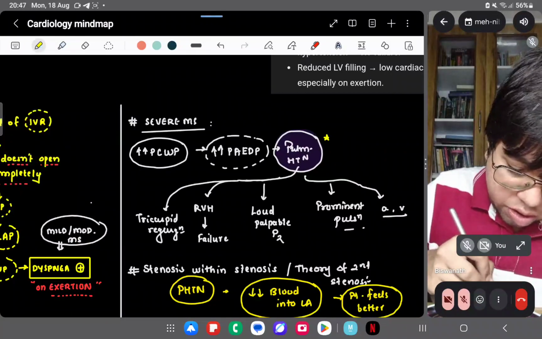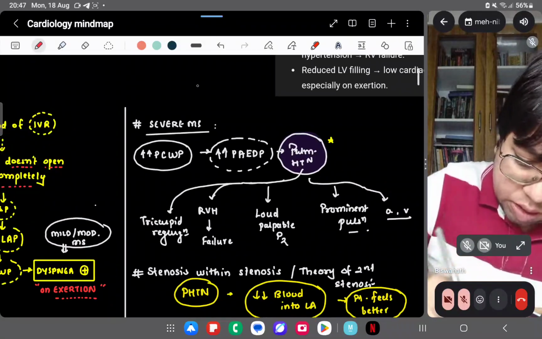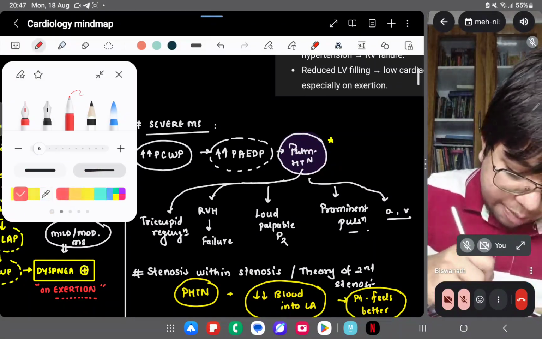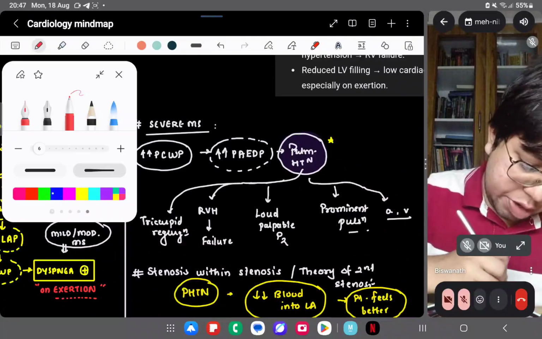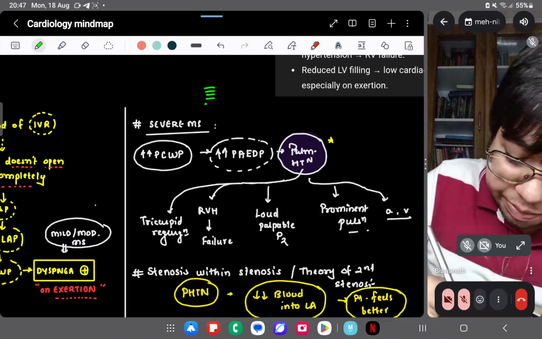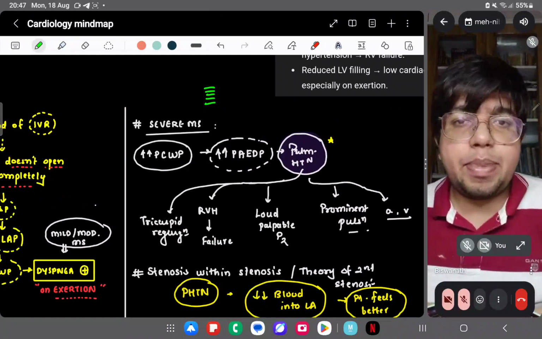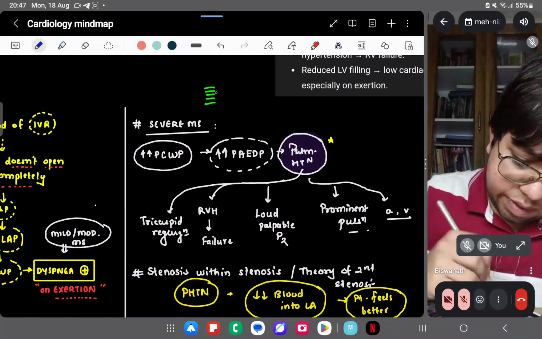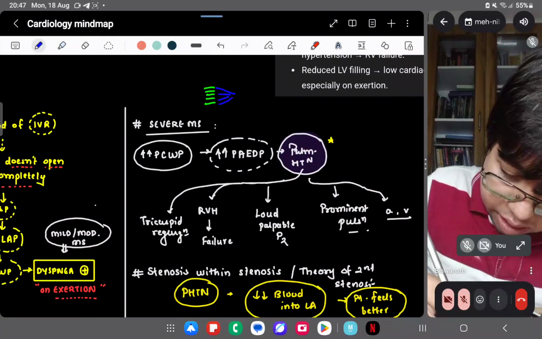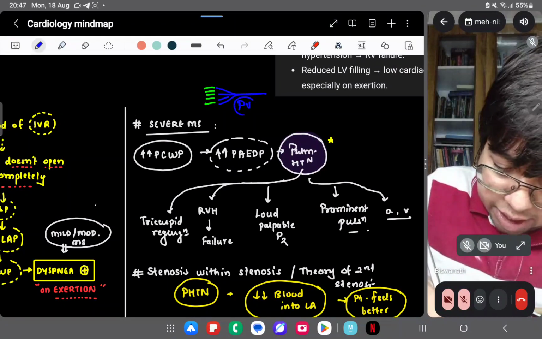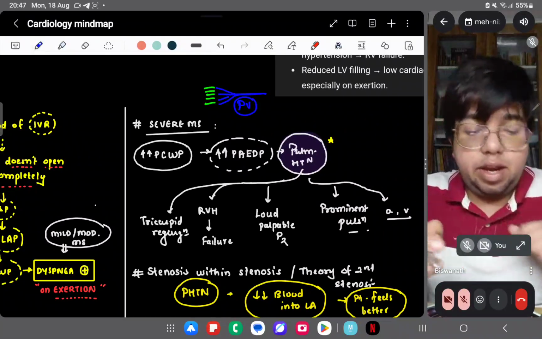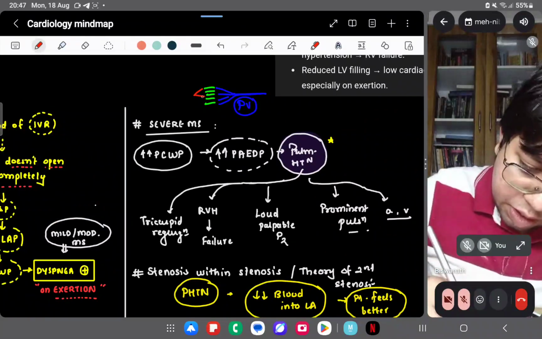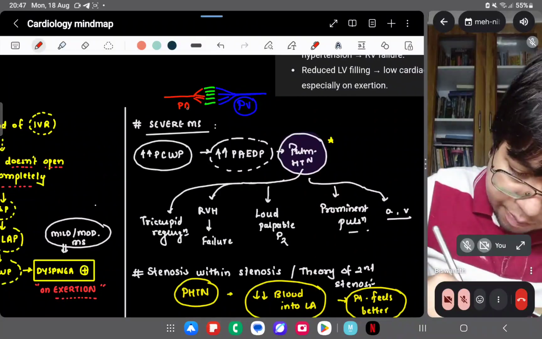Let me draw it like this. Let me draw the capillaries in green. Let's say these are the capillaries. We have the pulmonary vein, the venules in the vein, and the pulmonary artery.